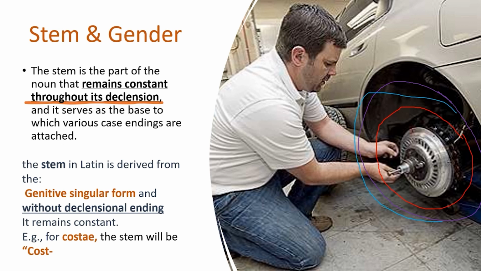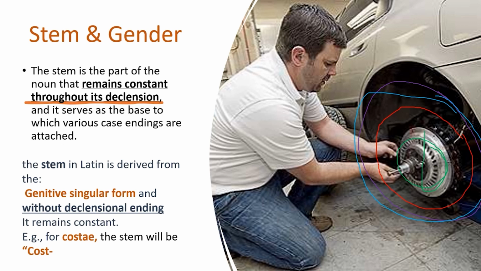But this stem, this axle or the hub, will always remain here. So the same analogy applies: the stem will remain there, but the various case endings will change.